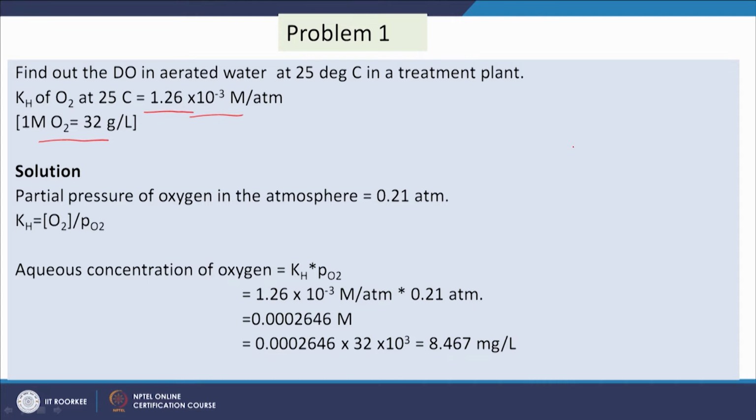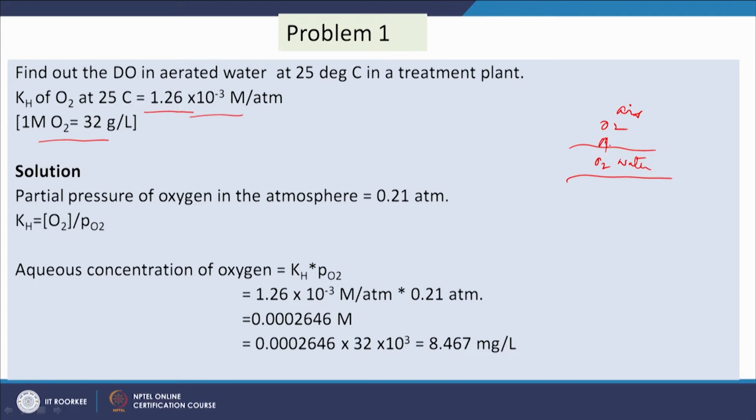As you know, in any river stream or in aerated water, there is oxygen present in air and oxygen present in water.